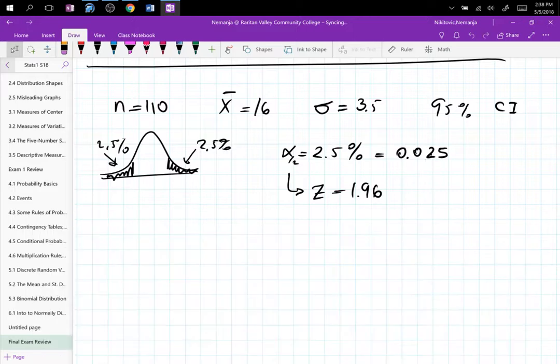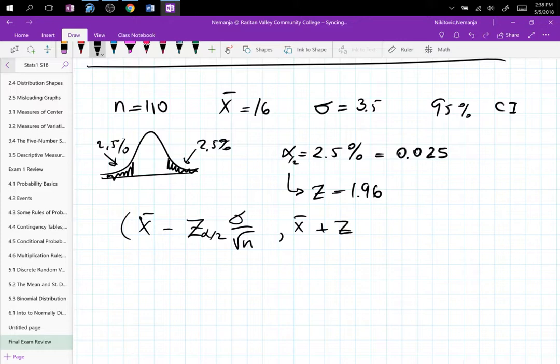So I'm going to write the formula here. It is x bar minus z alpha over 2 of sigma divided by square root of n, and x bar plus z alpha over 2 sigma over square root of n.